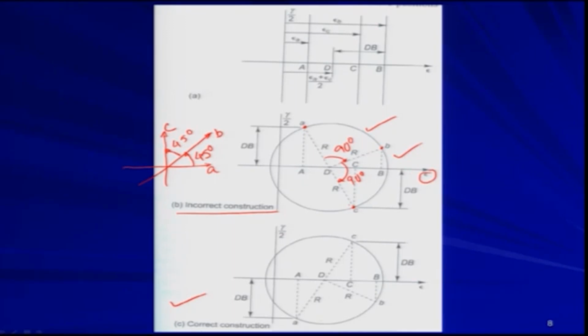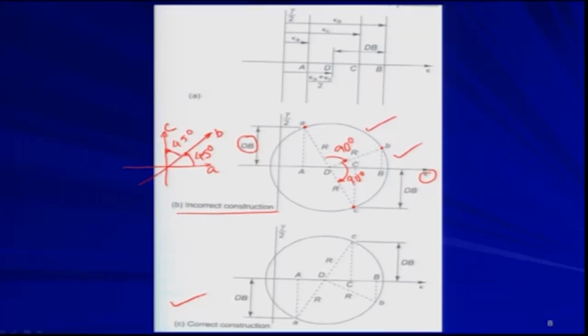But nobody told me why point A should be laid off above the epsilon axis. I just took it arbitrarily. I laid off AA equal to dB, that is fine, but I chose point A on that vertical above the epsilon axis, and that may not be true.